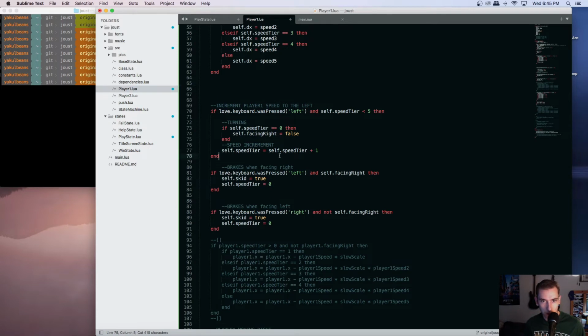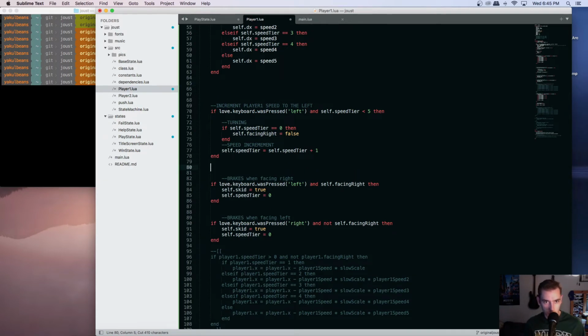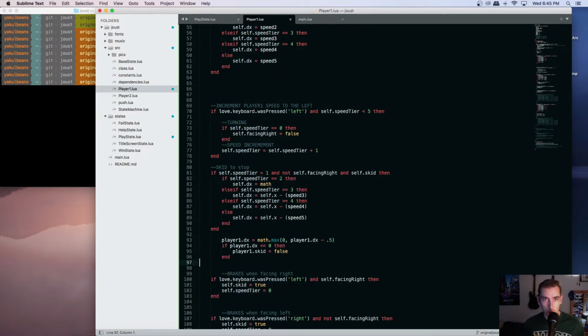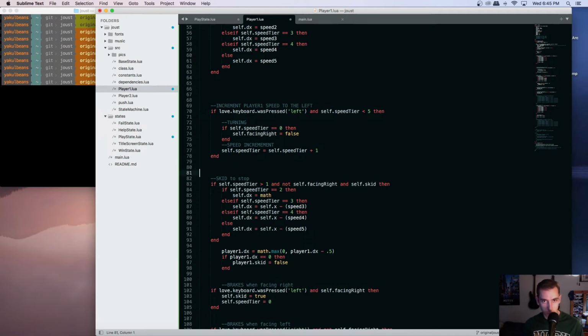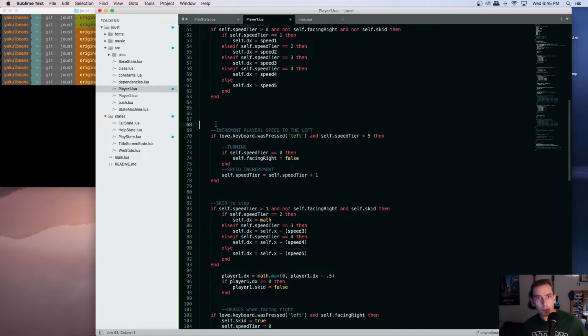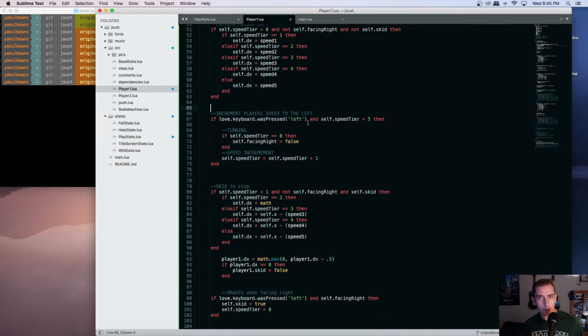Skid and brakes. So, okay, this is turning, this is incrementing speed.